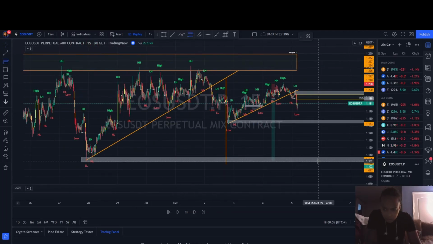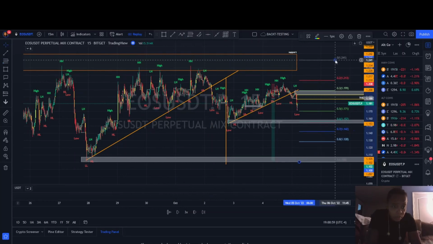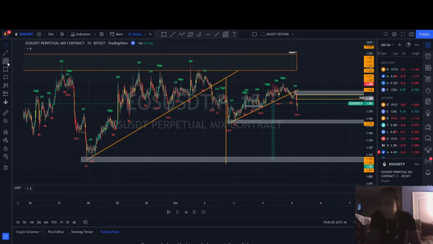I think we needed to have drawn our fib from this low to this, sorry, I always mix it up, wrong way. From this new high here to this low down here, right?